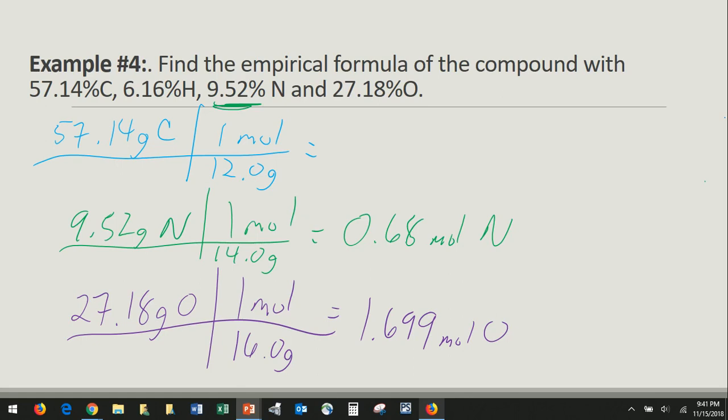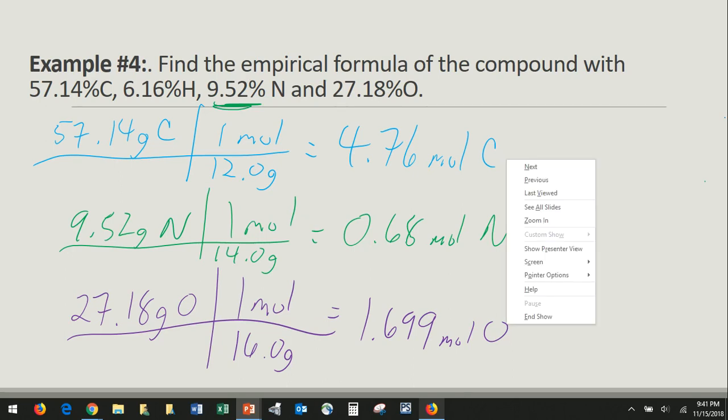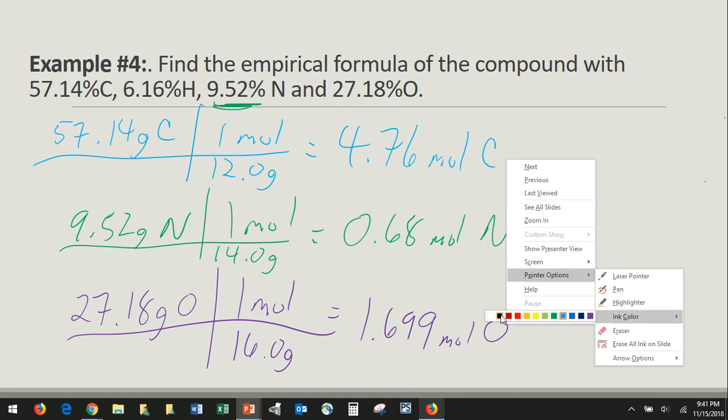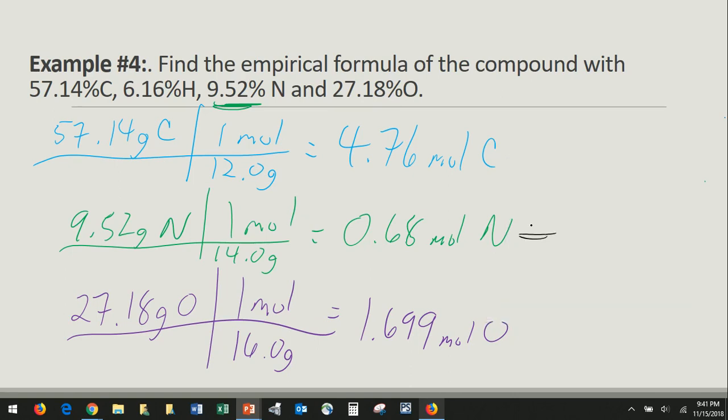57.14 divided by 12 is 4.76 moles of carbon. So the next thing is to divide by the smallest, and we're going to identify, in this case, the smallest is the nitrogen, right? So here's the smallest number.